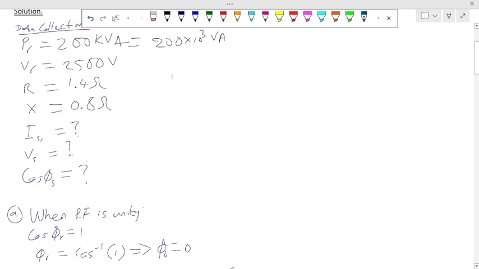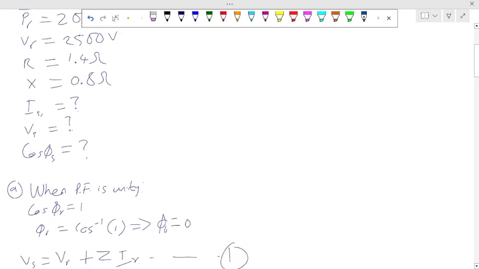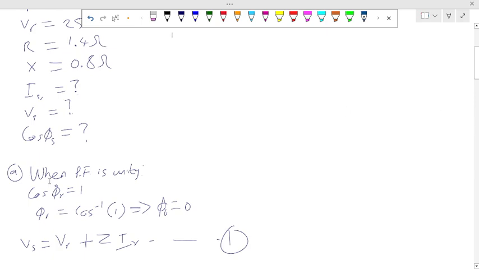Recall that we've said in the previous video that power factor is cos phi R. So the power factor at the receiving end now is unity, meaning cos phi R equals 1. All we have to do is make phi R the subject of the formula, and then take the cos inverse of 1, and of course that's 0.